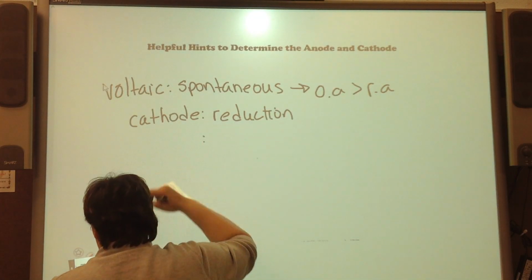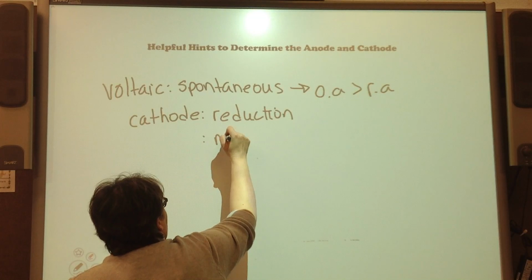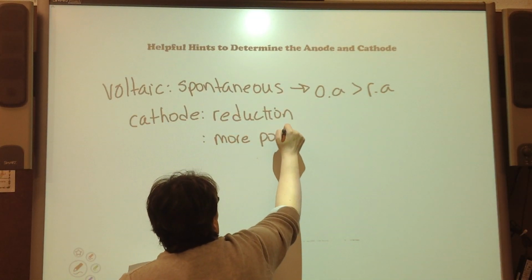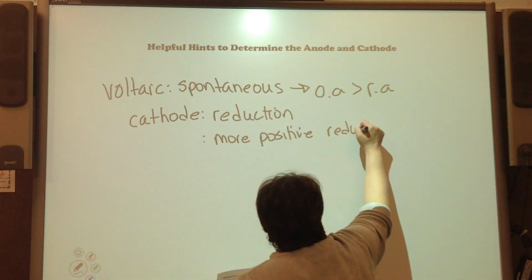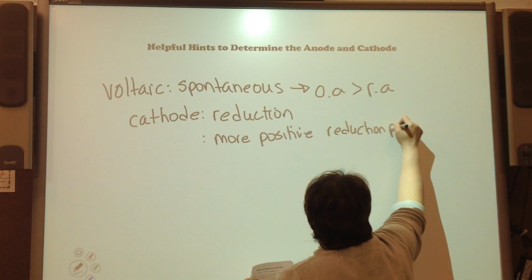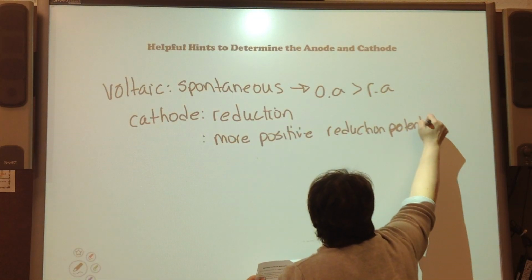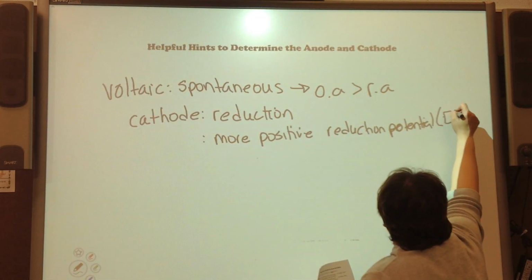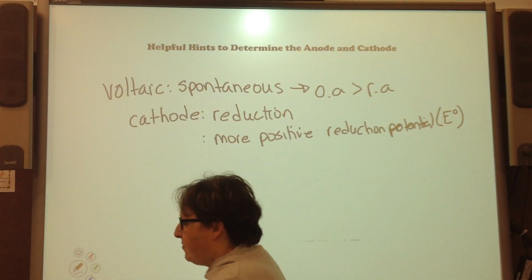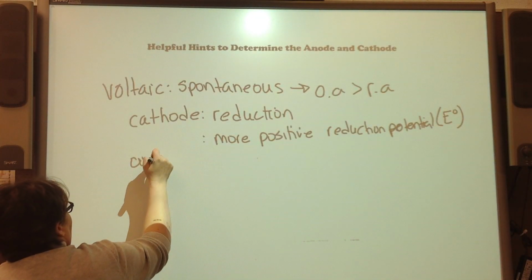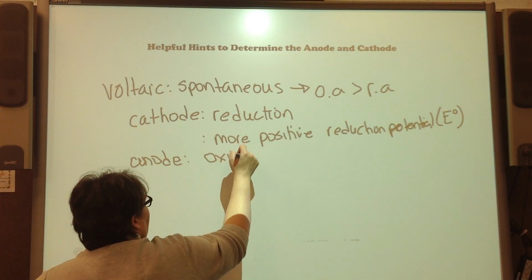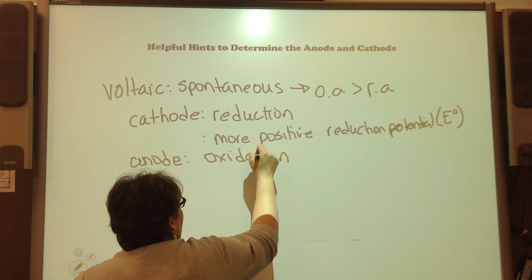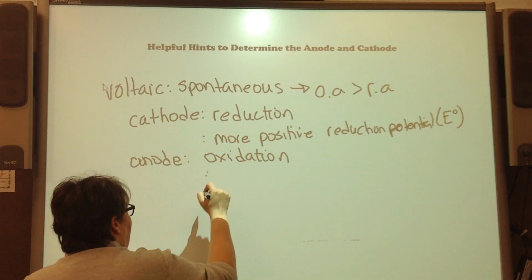And so what we also know about that is that it's a more positive reduction potential. The anode. What reaction happens at the anode? Oxidation. Which means that you're going to have a more negative reduction potential.